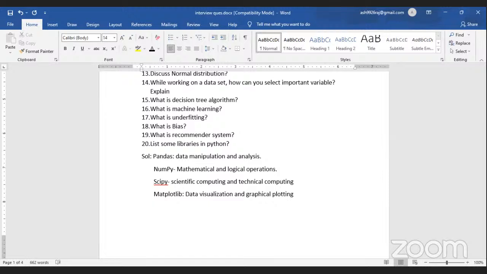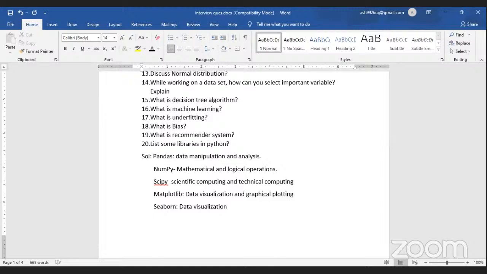Some other names are pandas, NumPy, SciPy, Matplotlib. We have Seaborn. Seaborn is also used for data visualization, but it is built on top of Matplotlib. It helps in exploration and understanding of data.